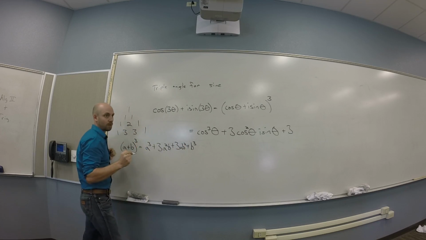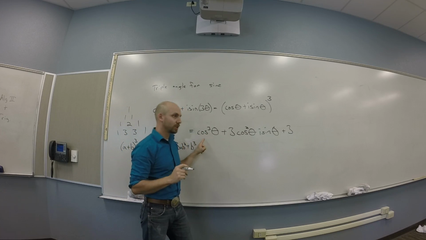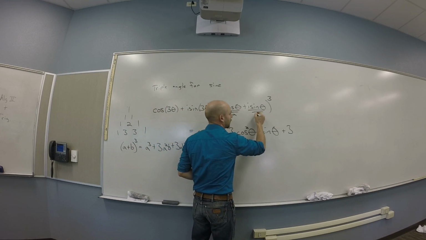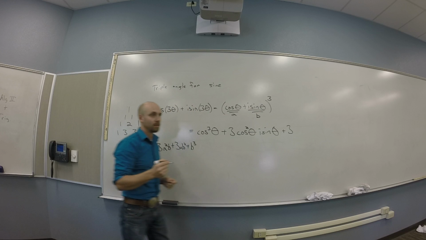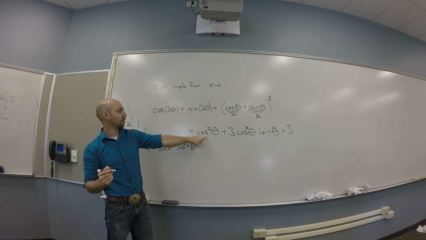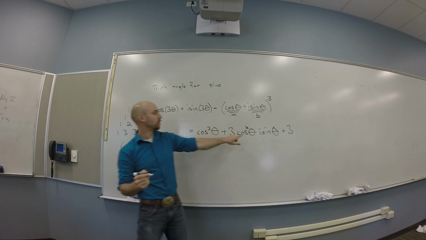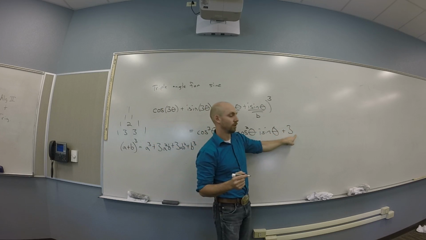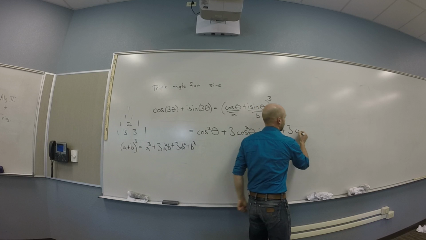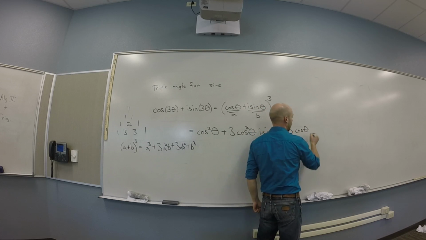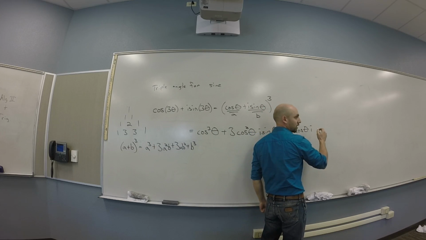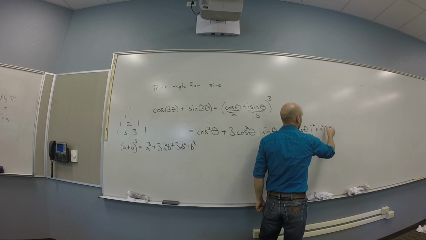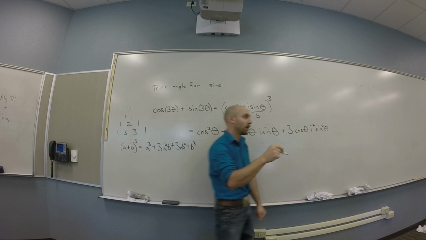Cool. So I'm doing that with cosines: cosine's playing the role of a here, and i sine is playing the role of b. So I had 3 cosines to start with, then 2 cosines and an i sine, and now I'm going to have one cosine of theta and 2 i sines, so I'm going to have an i squared sine squared theta, which is a negative sine squared.